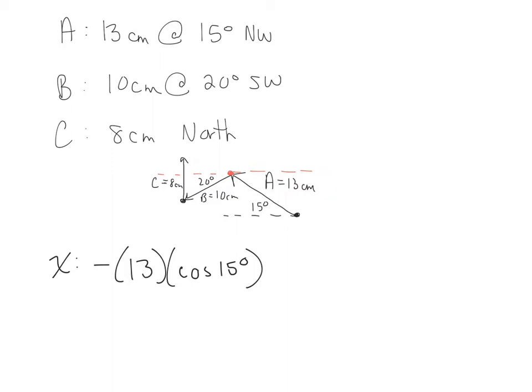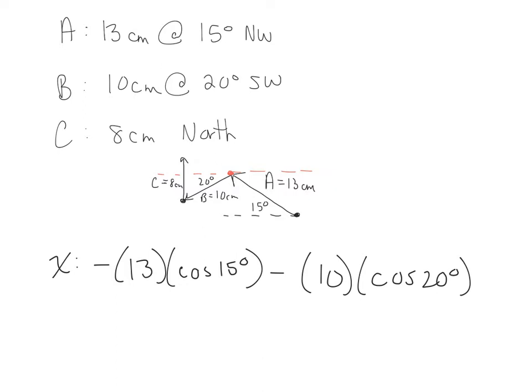So it's another negative for vector B: the length of vector B times the cosine of its angle. Again, they're both negative because both vector A and vector B cause this person to end up left of where he or she started. Okay? When your final position is left of where you started, your displacement is clearly negative. So that's it for the x component.